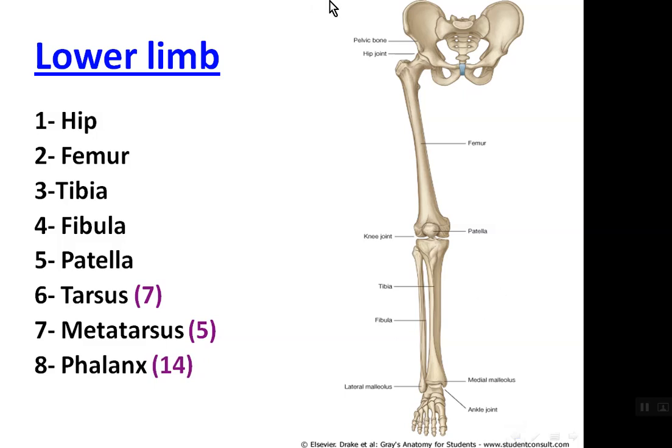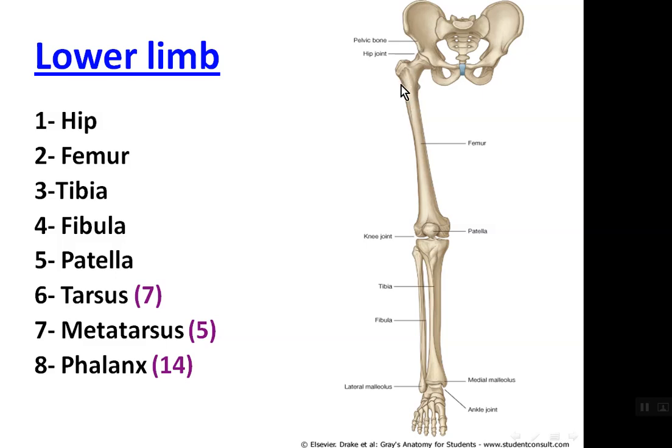The lower limb, from above to below, contains a part which we call the pelvic girdle. In the pelvic girdle we can see the hip bones, or innominate bones. The other name for hip bone is innominate bone, on each side.